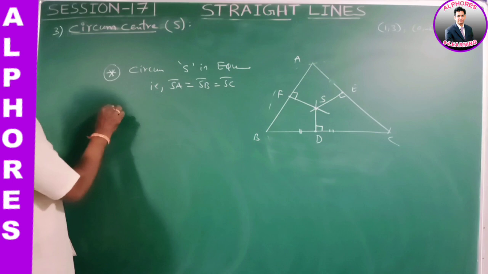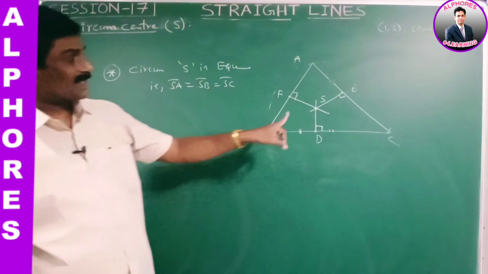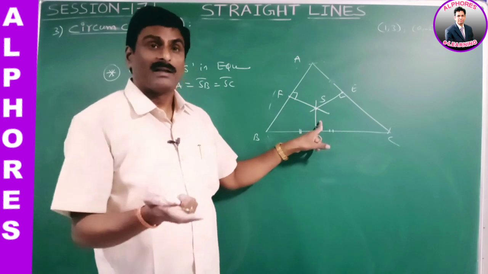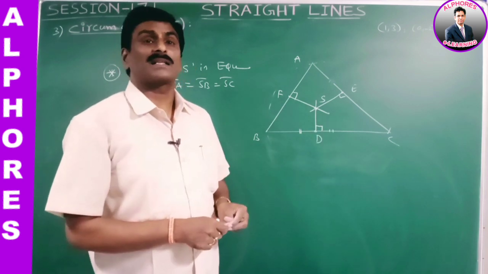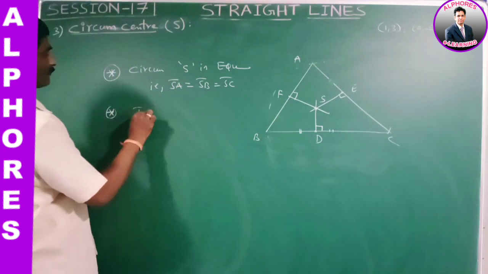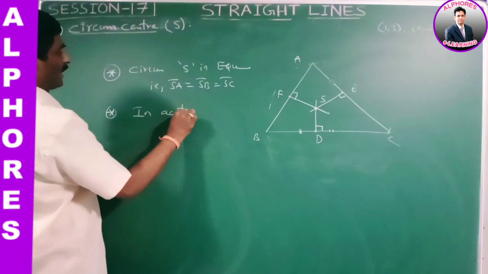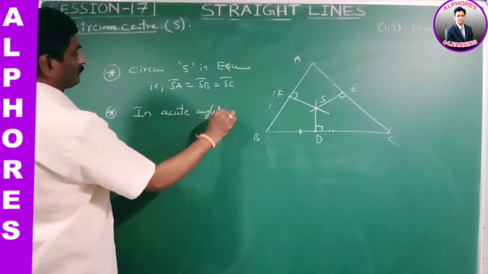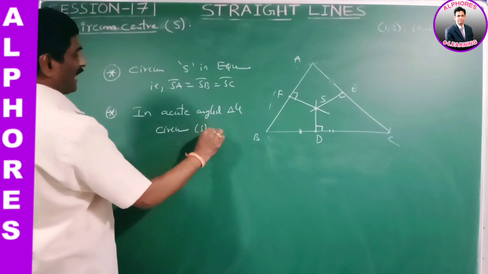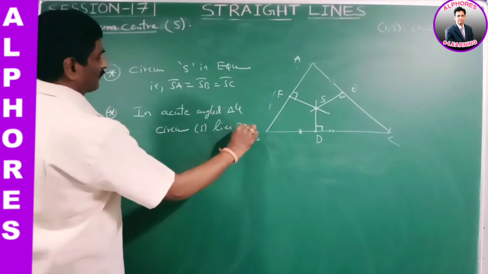In an acute angle triangle, circumcenter always lies inside. In an obtuse angle triangle, circumcenter lies outside. In a right angle triangle, circumcenter is the midpoint of the hypotenuse. Please write these points. In an acute angled triangle, circumcenter S lies inside of the triangle.